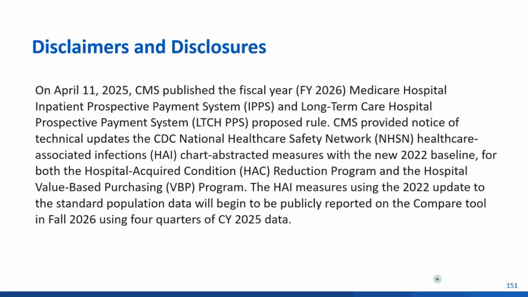These updates apply to both the Hospital Acquired Condition Reduction Program and the Hospital Value-Based Purchasing Program. The HAI measures using this updated 2022 standard population will be publicly reported on the CMS Compare tool beginning in fall 2026, using 4 quarters of the calendar year 2025 data.